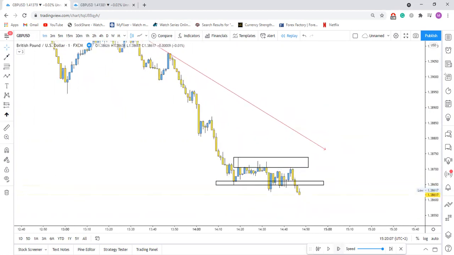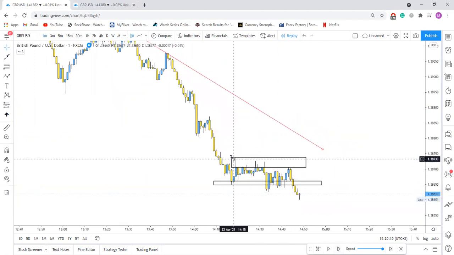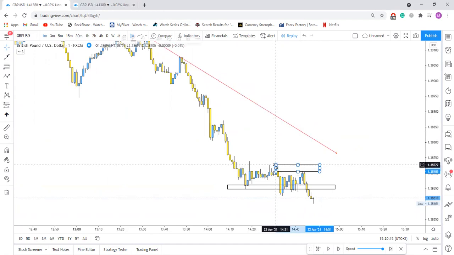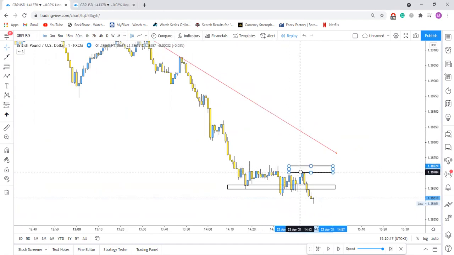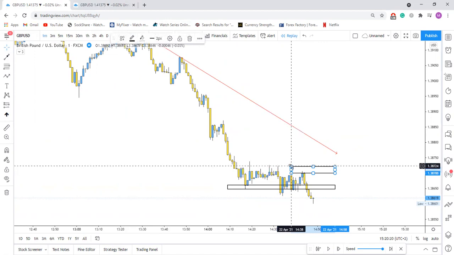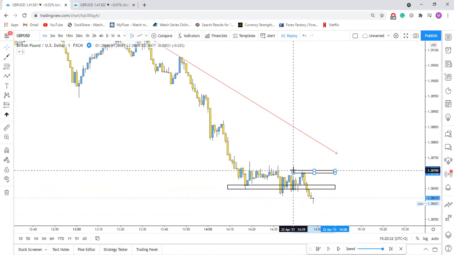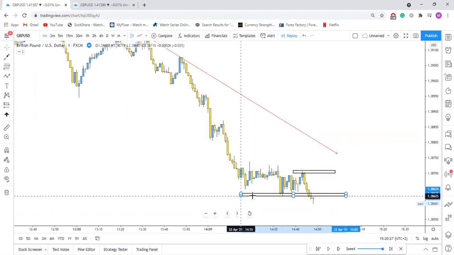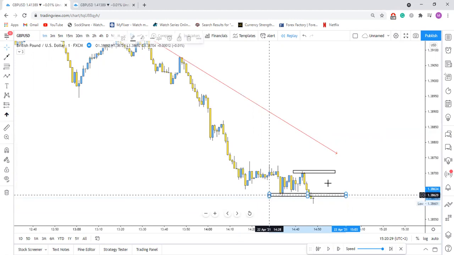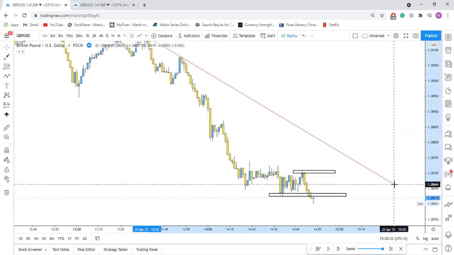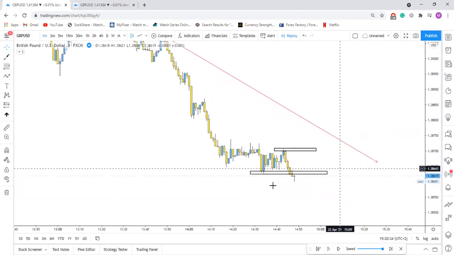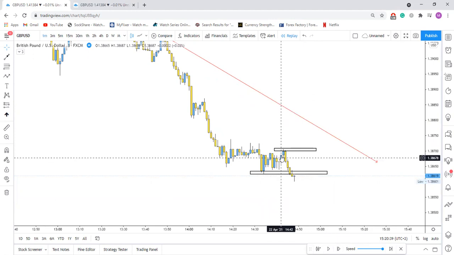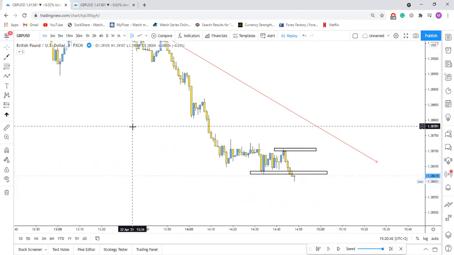Let me see, do we get a new low? Yes, we do. We get a new low. Let's put that. This is a new low compared to that, but you can see volume in the market has dropped significantly.